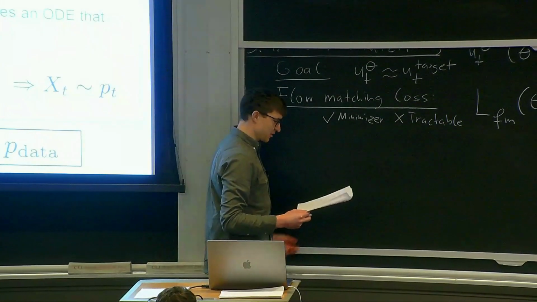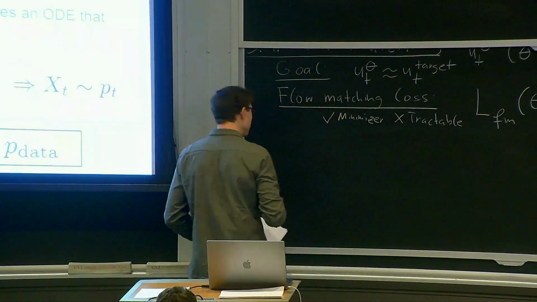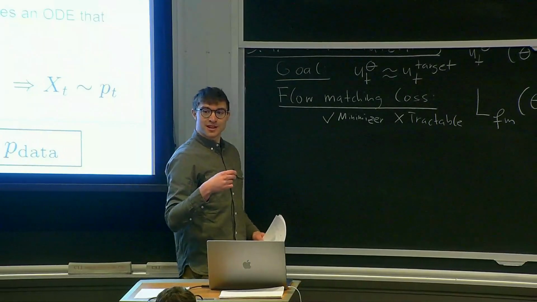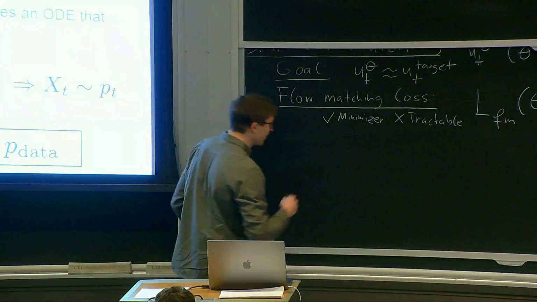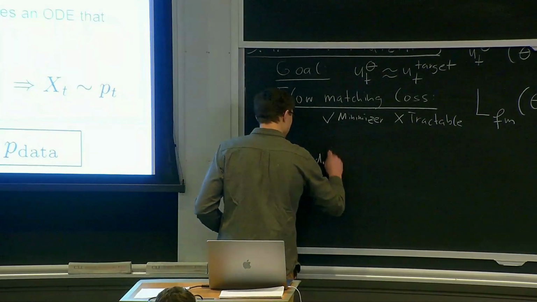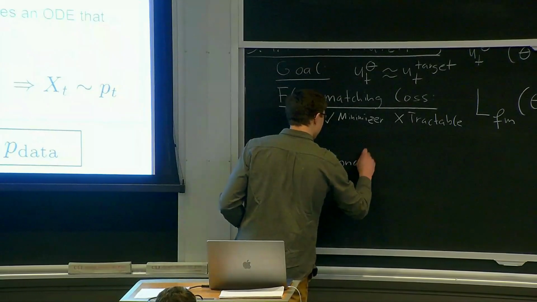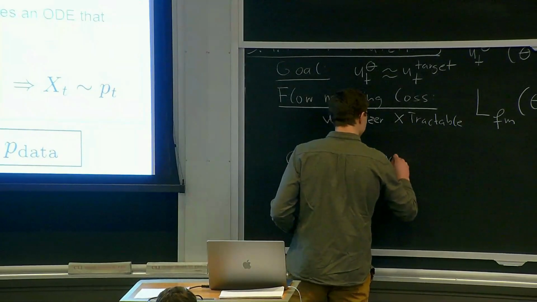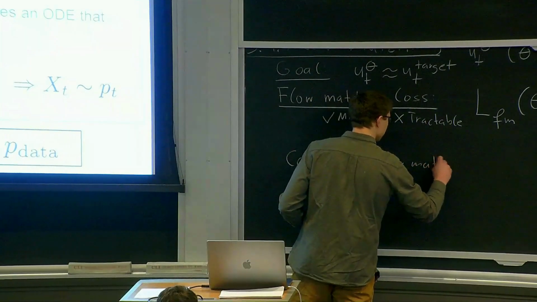We cannot compute it. But now we do the same thing as we did in the last lecture. We take a conditional loss, and that's going to be the one we actually can compute. So same as before, we have now a conditional flow matching loss.